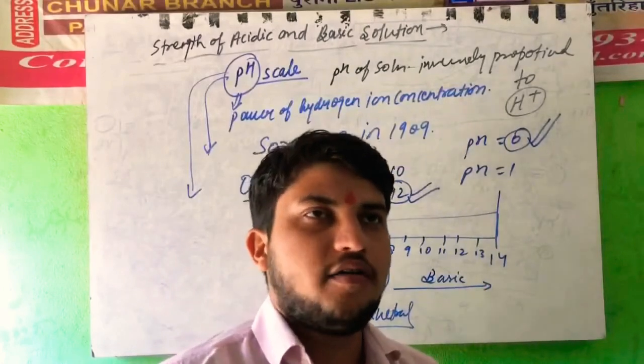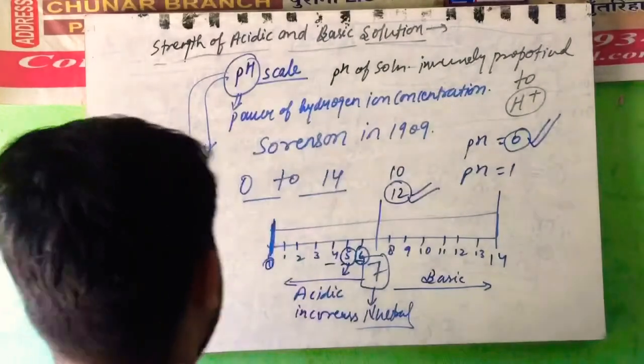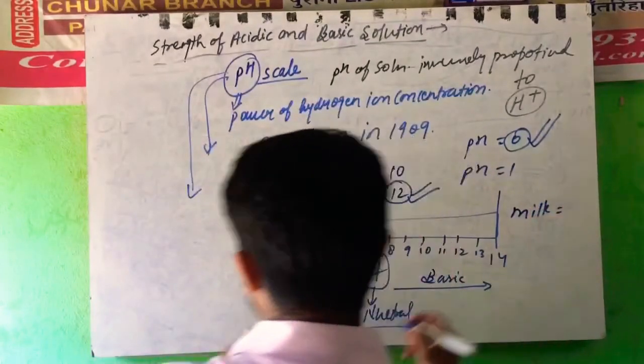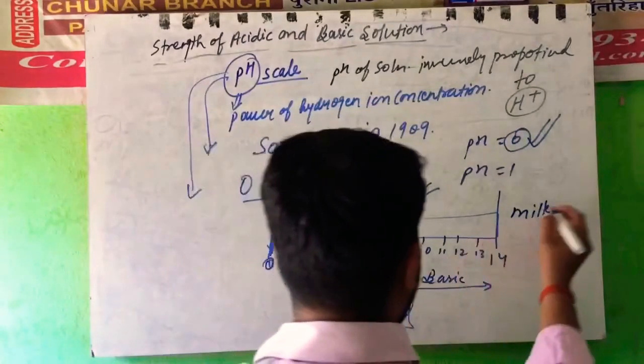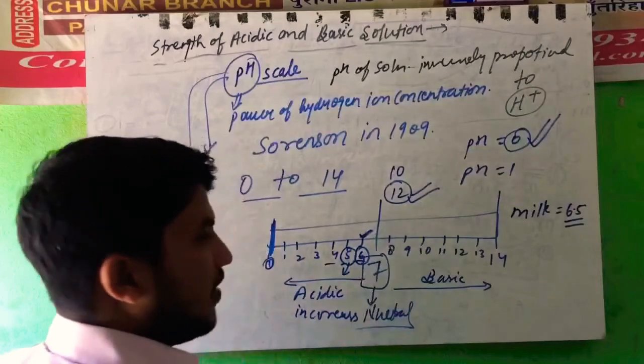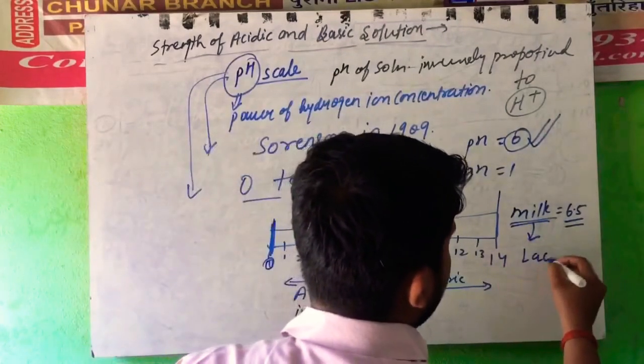One more thing, some examples. Milk has a pH of 6.5, which means it is acidic in nature, weakly acidic.